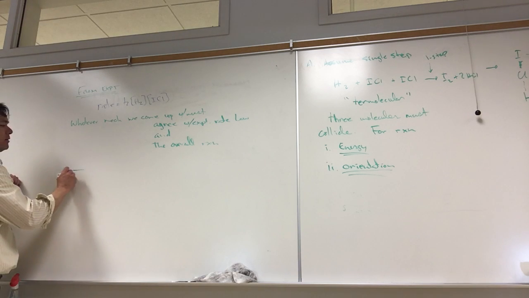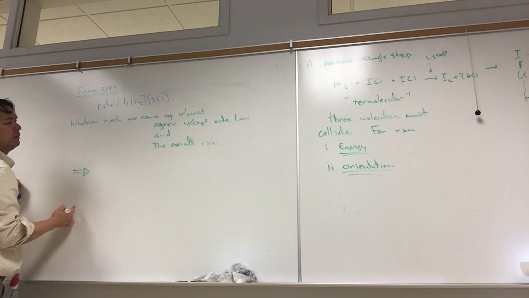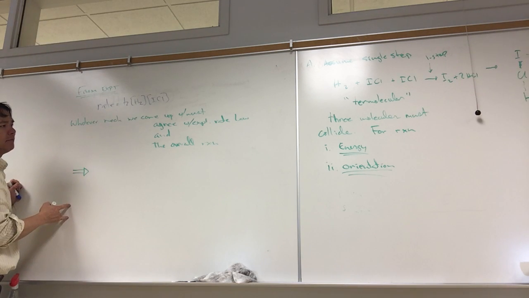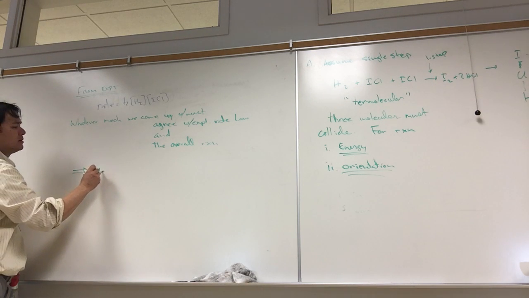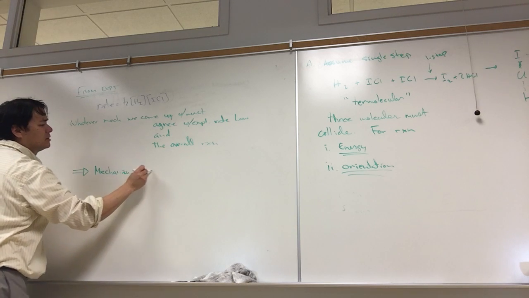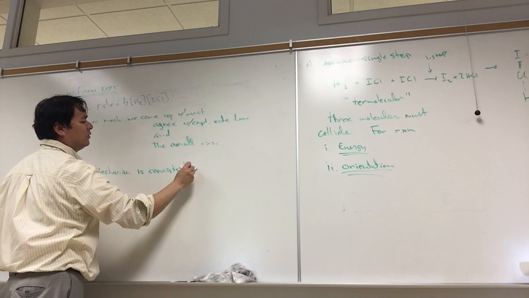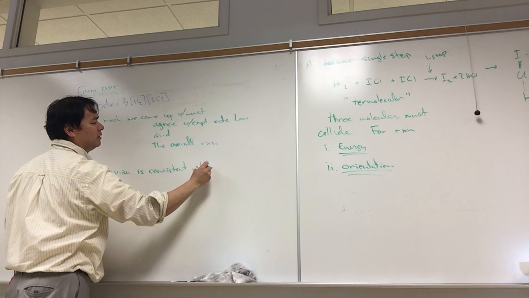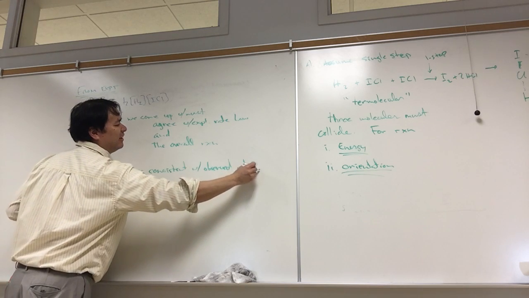What we say, if there's agreement between the mechanism and the experimental rate law, we say that the mechanism is consistent with the experimental observations. So the mechanism is consistent with the observed rate law.